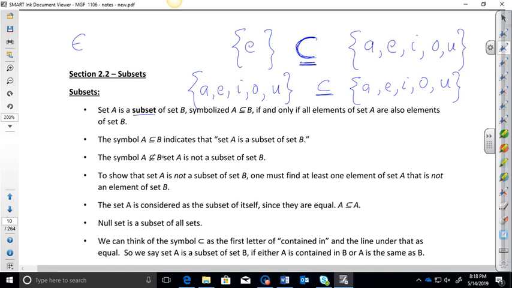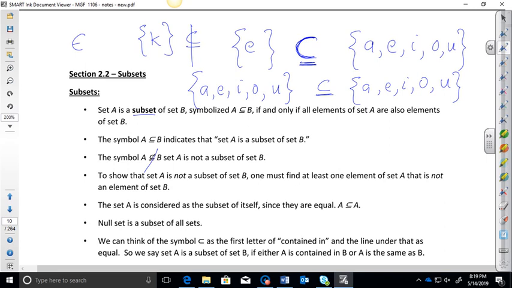And we cross it if it's not. So if I write K, that is not a subset of that set, A, E, I, O, U. K is not in there. If I just put K, then it's not an element. If I put set K, then it's not a subset.